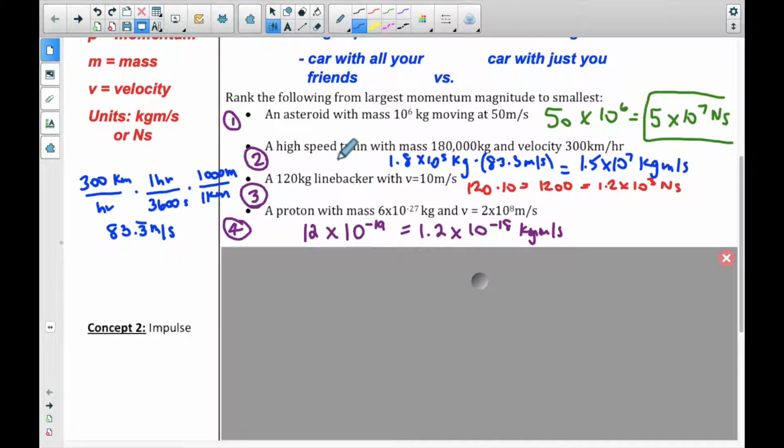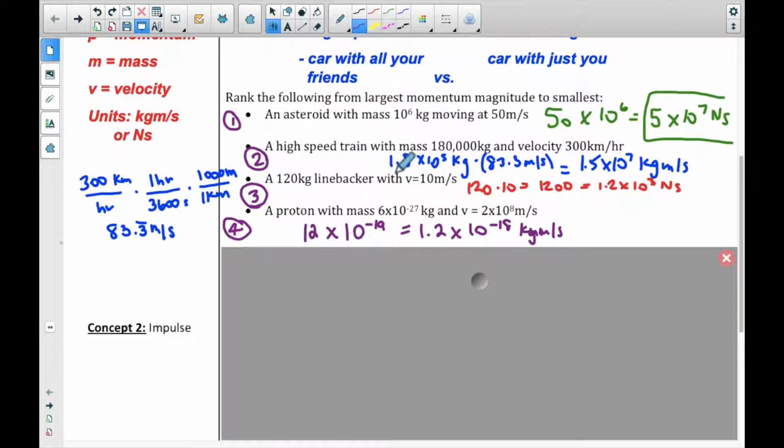And in each of these cases, we had a certain mass that plays into it and a certain velocity that plays into it. So just to compare the first two, the asteroid has a much larger mass, but the velocity is not as high. So all of these examples have two things going on here. We've got a certain amount of mass involved, but we also have a certain amount of speed involved.